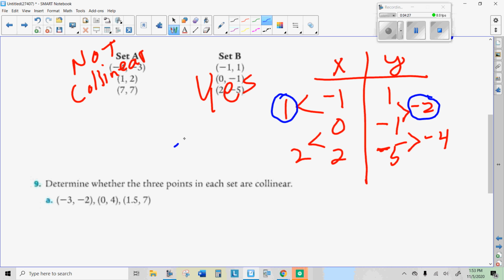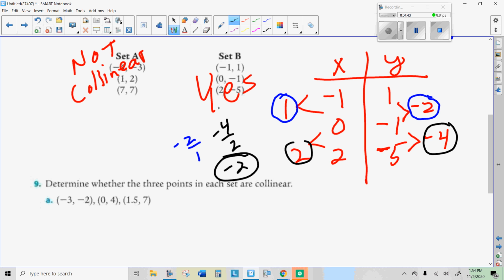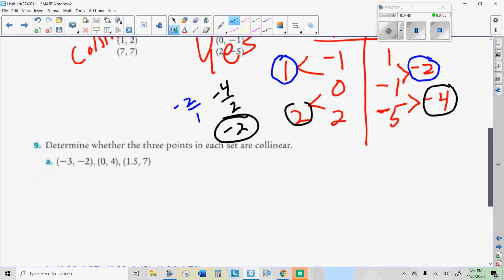So that's -2 over 1. And for the second point, I got -4 and 2. And those are both equal to -2 if you simplify them. So yeah, these are going to be collinear.